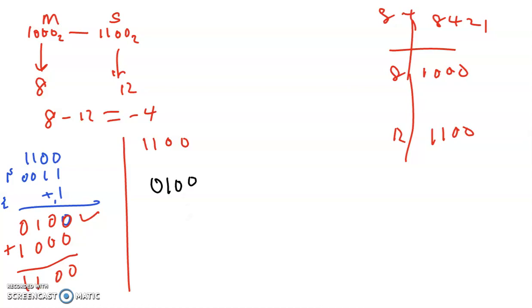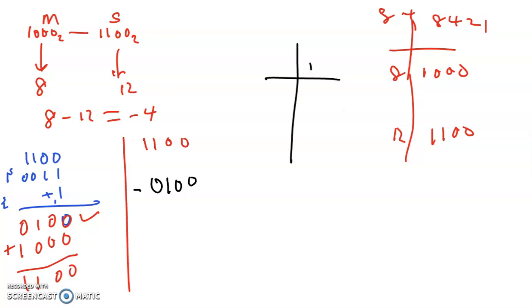Remember we said if there is no carry, then we introduce negative. Now let us interpret this number that we get in the coding system. What is 0, 1, 0, 0? Look at what we have here in the coding system.